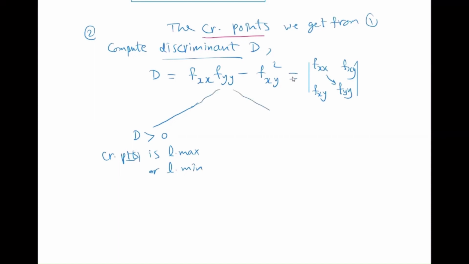So now we distinguish between the saddle points and these critical points, which are maximum or minimum. When D is negative, the critical point is a saddle point. At this critical point, f has a saddle point.